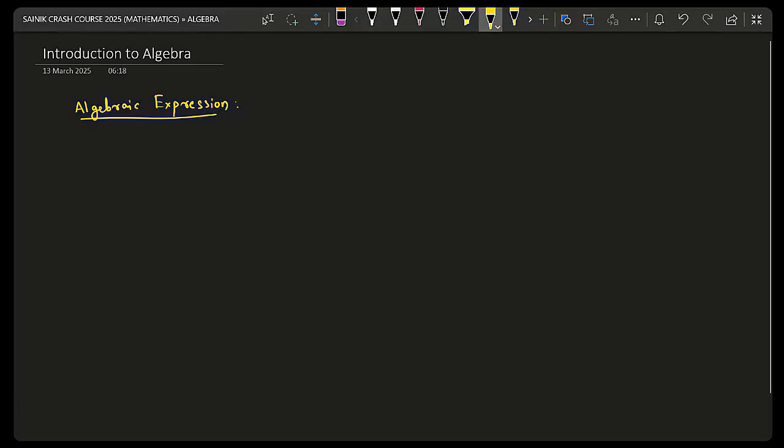So, in this chapter, we shall look at various algebraic concepts and their definitions also, such as constant, variable, terms. What do you mean by term? Like terms, unlike terms, algebraic expression, application of fundamental operations, addition, subtraction, multiplication, and division. And we also learn how to solve equations also.